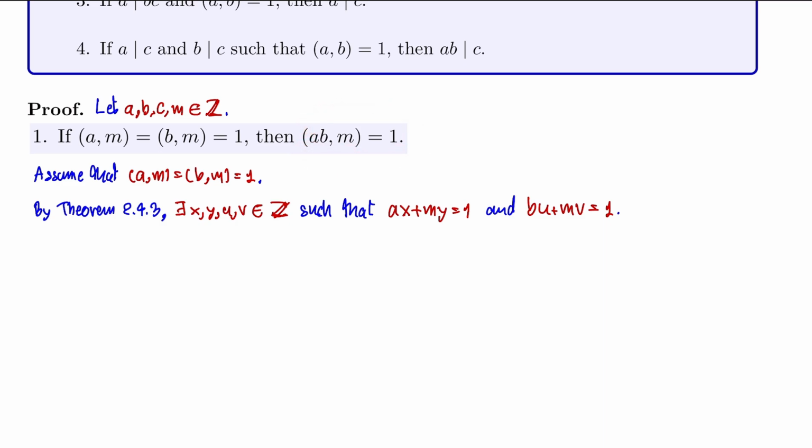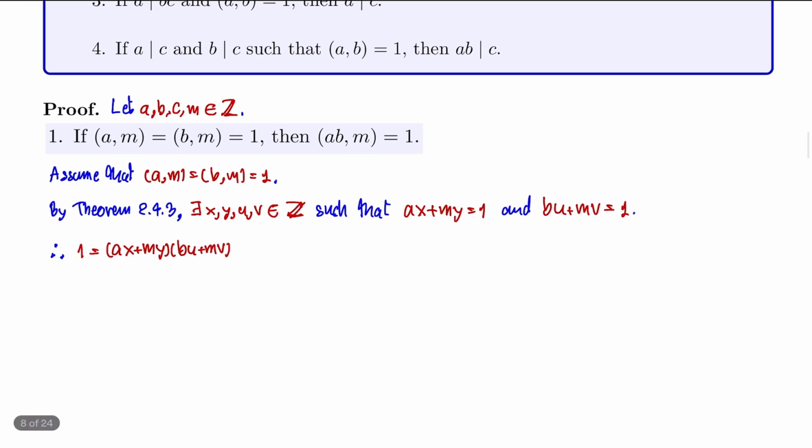So let's start with 1. And these two equations equal 1. So we have ax plus my times bu plus mv.